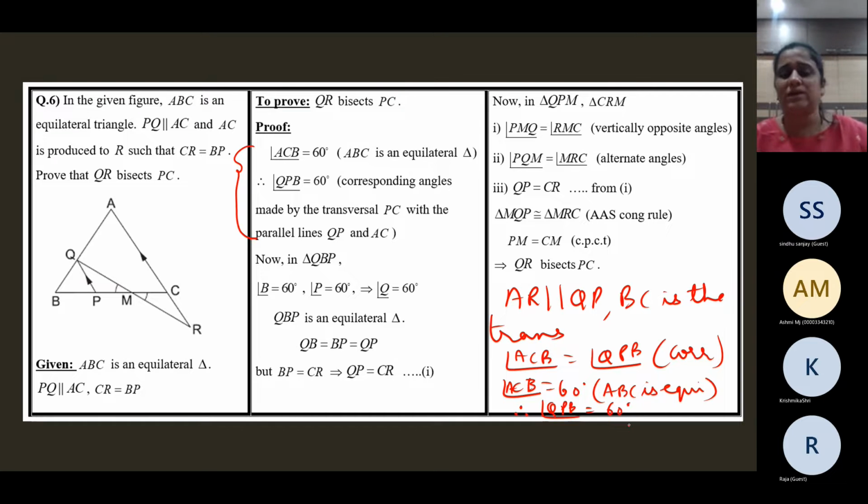You can just make it like this, children. Same information, I'm just putting it in a different way. AR is parallel to QP. BC is the transversal. ACB is equal to QPB, corresponding angles. But ACB is 60 degrees, so QPB is also 60 degrees. I think this is better.